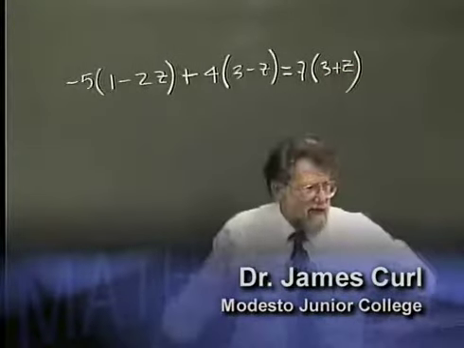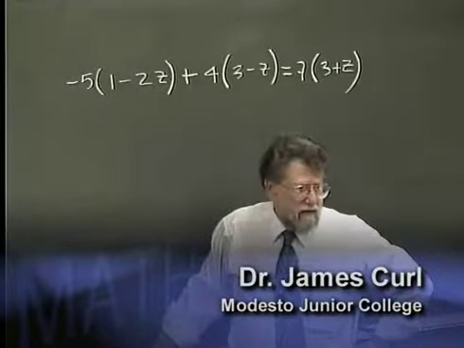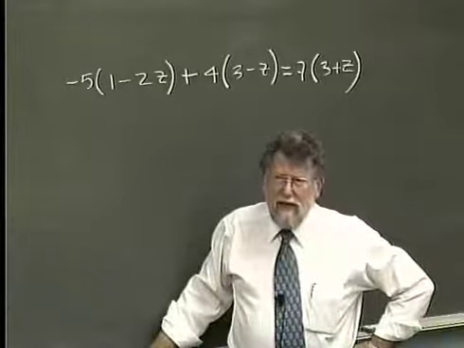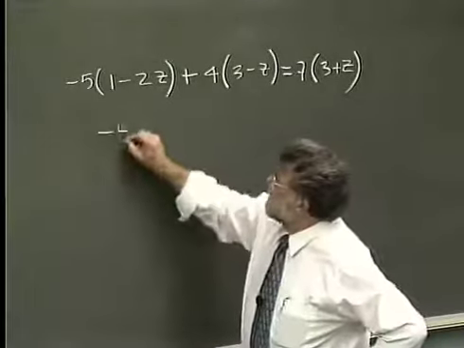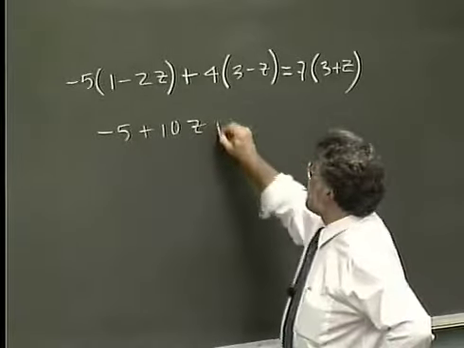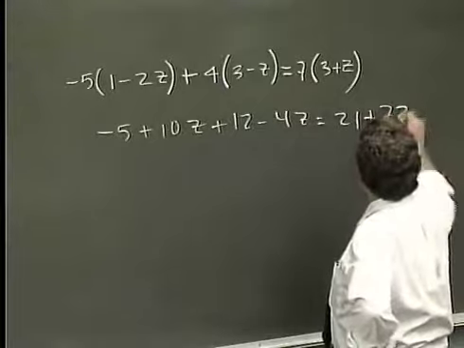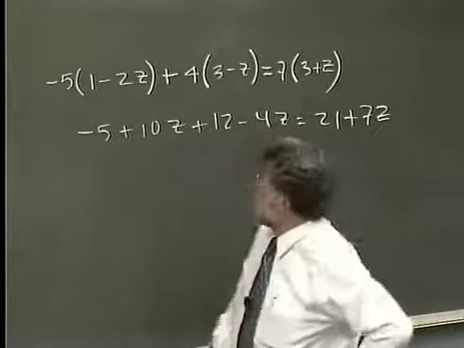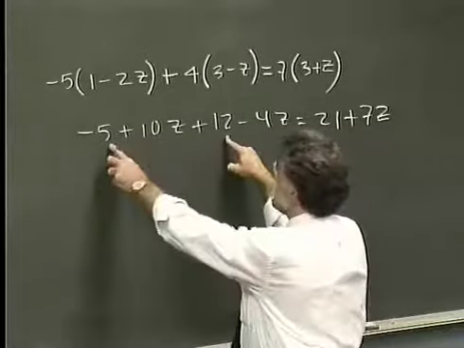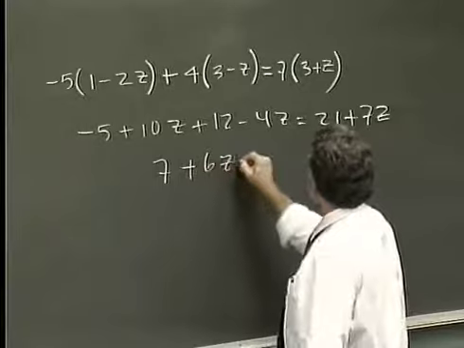But isn't that harder to do? Yes. Now, when I have to answer questions on phone messages and try to articulate that way, it's much harder. Now, what can I do in 20 seconds? -5 plus 10z plus 12 minus 4z equals 21 plus 7z. Notice I'm using the little marks through the z's and the 7's. Now, on the left side, I have -5 and 12. That's 7. 10z and -4z, that's positive 6z.